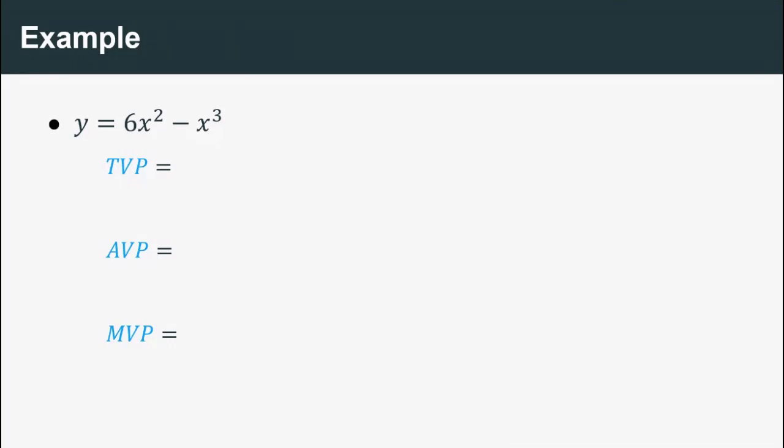Suppose this is your production function, and this is also your TPP, and your output price is P, which is a constant. Then what are the TVP, AVP, and MVP? TVP is just your price times your TPP, so it is P times 6x squared minus x cubed.